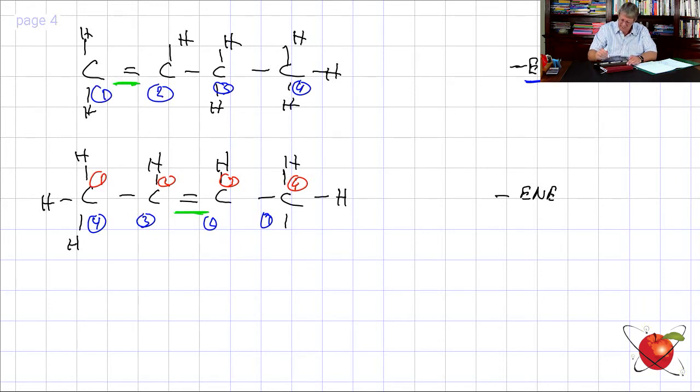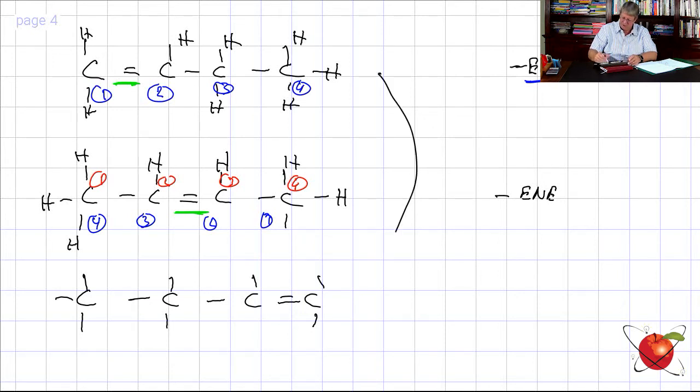Similarly, if you've got one that was like this, 1, 2, 3, 4. Can you see that those two are in effect the same? All we've done is turn it around.